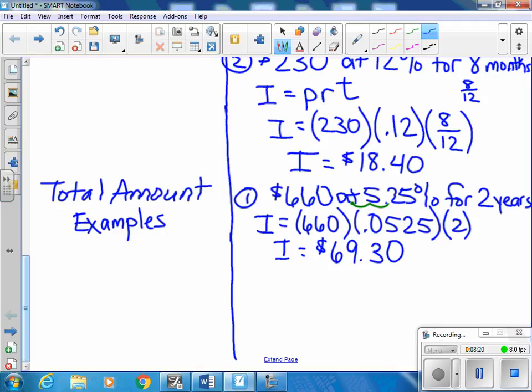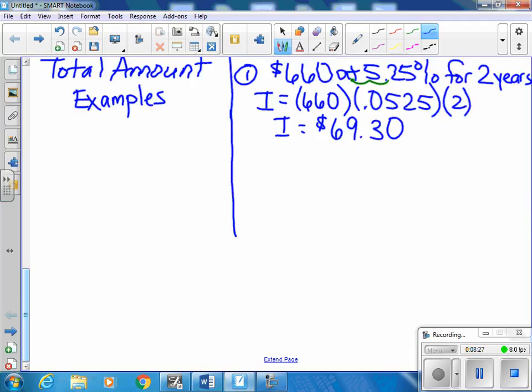The answer is asking you, or the problem is asking you, what is the total amount that this person now has all together, right? So you're going to have to take, TA stands for total amount. That's the easy way to do this. $660, which is the principal, plus $69.30, which is that interest, because it's principal plus interest. That's how you're going to get your total amount.